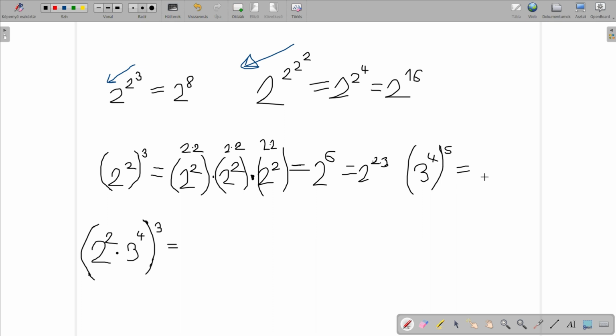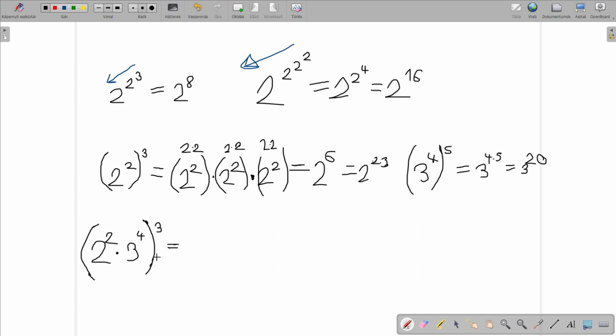Well, we can multiply the 2 indexes, and that will be 3 to the 4 times 5th power, which is going to be 3 to the 20th power, right? Because we will write this 3 to the 4th power 5 times down. So this is another rule that we have.